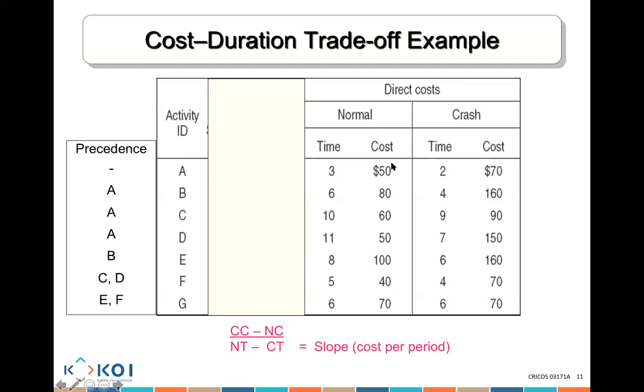So 70 minus 50 gives you 20, divided by normal time, which is 3 days, minus crash time, which is 2 days, so 3 minus 2 equals 1. 20 divided by 1 equals 20, which means it's going to cost me $20 every time I reduce activity A, and I can only reduce it by one period, which is 3 normal time minus 2 crash time.